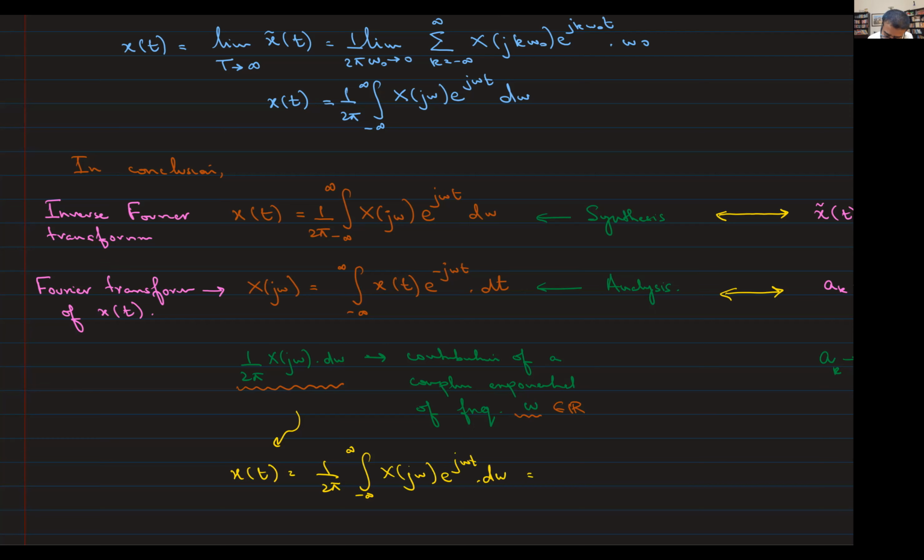So I can say this is equal to 1 upon 2 pi X of j omega and e raised to the power j omega t times d omega. So what is the term being multiplied by e raised to j omega t?